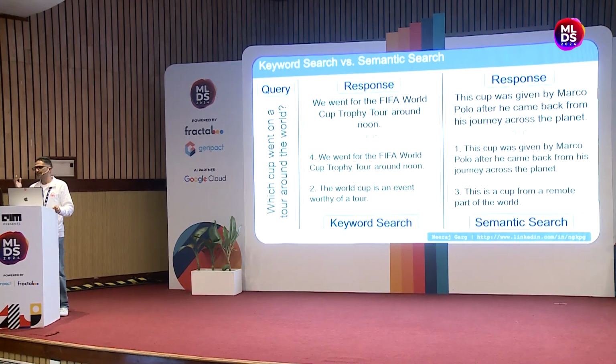Most practical implementations of good search systems would take into account keyword search as well as semantic search as well as other signals and do some sort of aggregations. It will also do some sort of re-ranking and so on to create a proper hybrid system that is usable and meaningful.